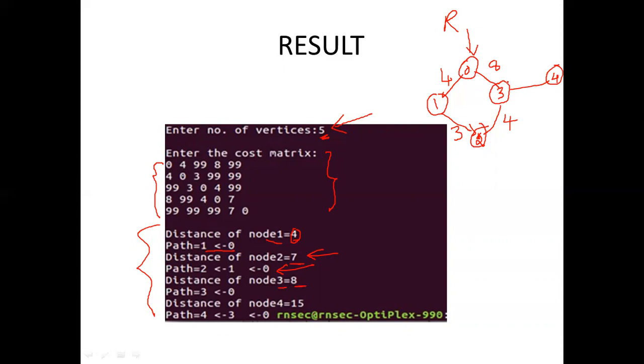Now we can observe that it has to be forwarded from 0 to 3, 3 to 4. This is the shortest path. So the weight cost is 15, 8 plus 7. The data has to be transmitted initially from the 0th node to the 3rd node, and from the 3rd node to the 4th node.